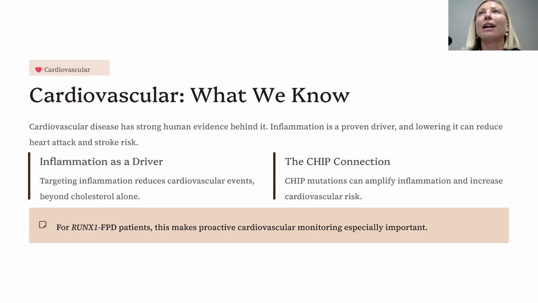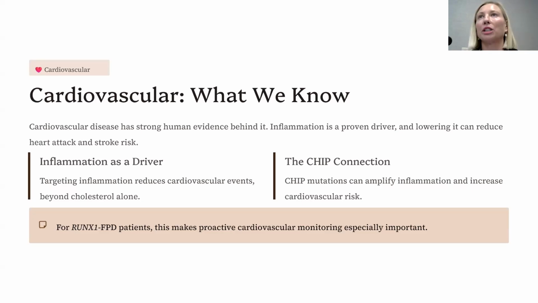So the same cytokines that we've been talking about that appear to be elevated in RUNX1, they are important in cardiovascular disease, like IL-6 and IL-1 beta. And so that's one important piece. The other is clonal hematopoiesis. We talked about these mutations that we acquire over time.